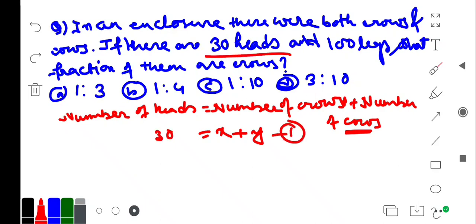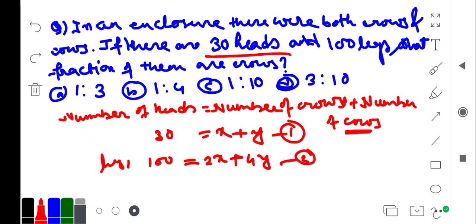This is the first equation. Next, total legs 100. We know a crow has 2 legs, so 2x, and a cow has 4 legs, so 4y.